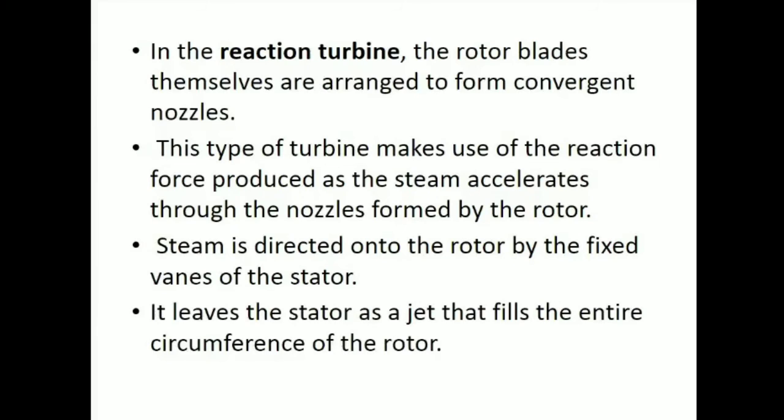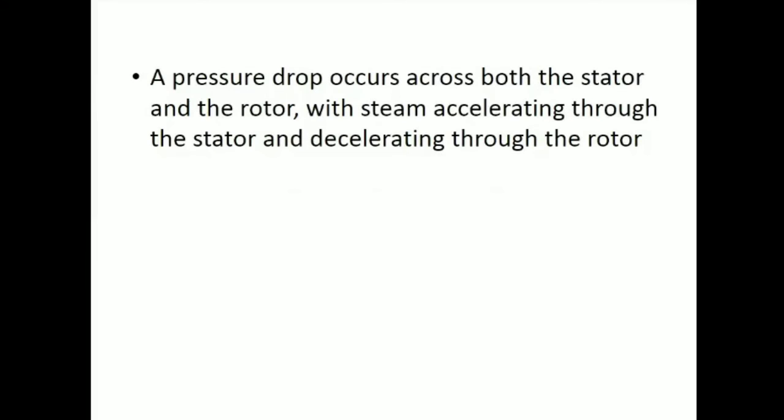It leaves the stator as a jet that fills the entire circumference of the rotor. A pressure drop occurs across both the stator and the rotor, with the steam accelerating through the stator and decelerating through the rotor.